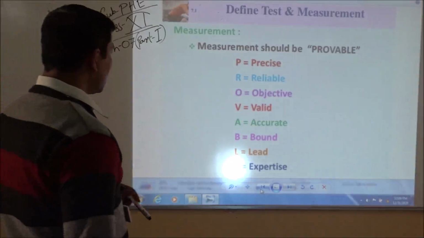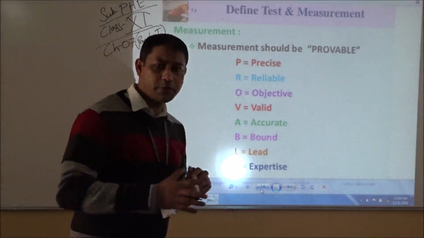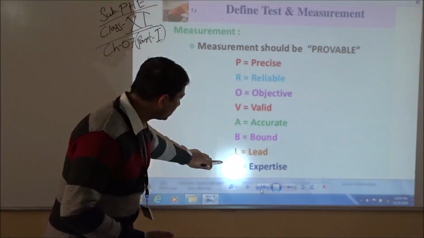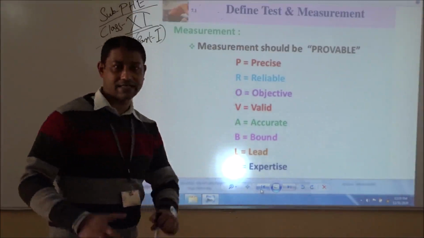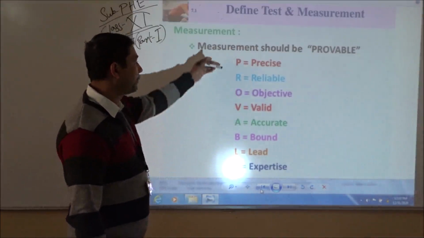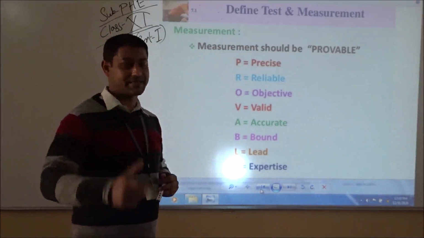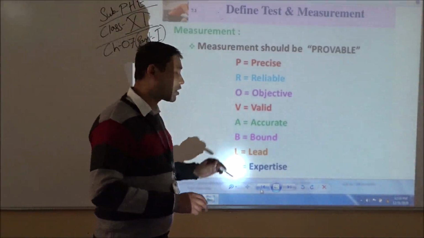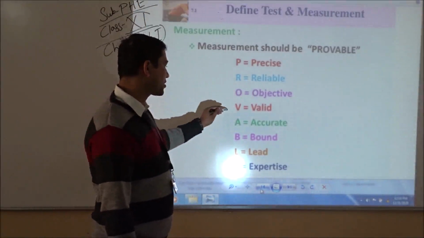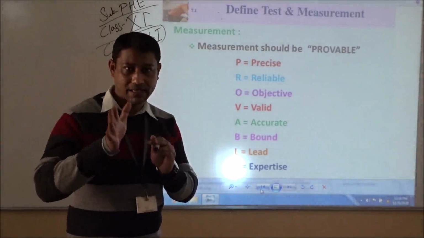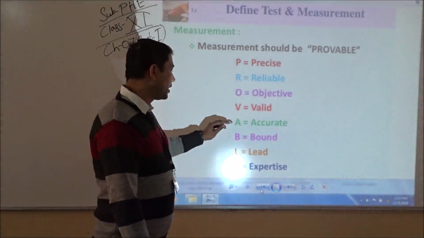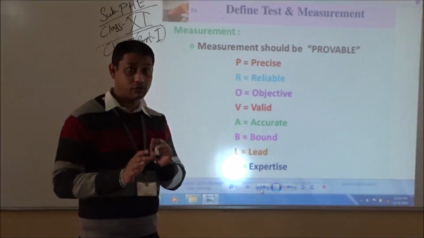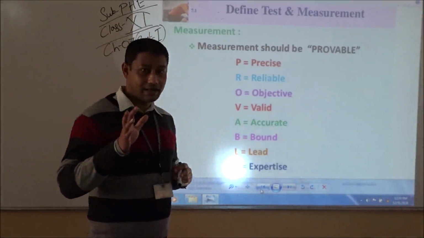Next, students, measurement should be PROVABLE. I have used each alphabet of PROVABLE as an acronym: P stands for precise, R stands for reliable, O stands for objective, V stands for valid, means the measurement has to be valid, A stands for accurate, B stands for bound, L stands for lead.